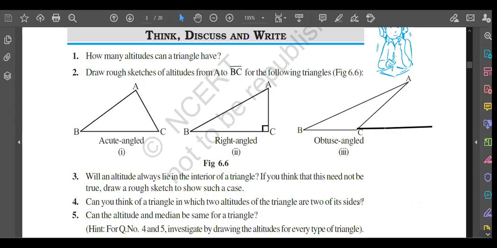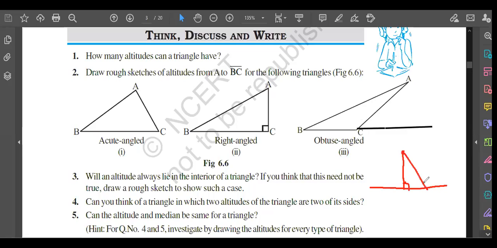Now suppose you have a line, this is your line. And this is a point. From this point, how many perpendiculars can you draw on this line? One or more than one? This is a perpendicular.